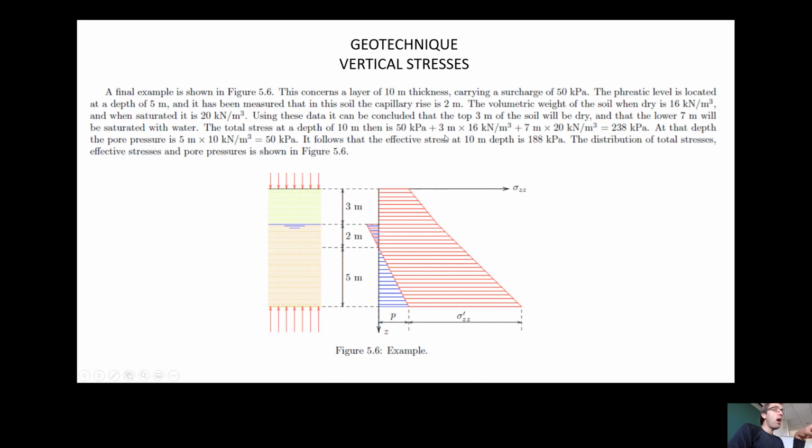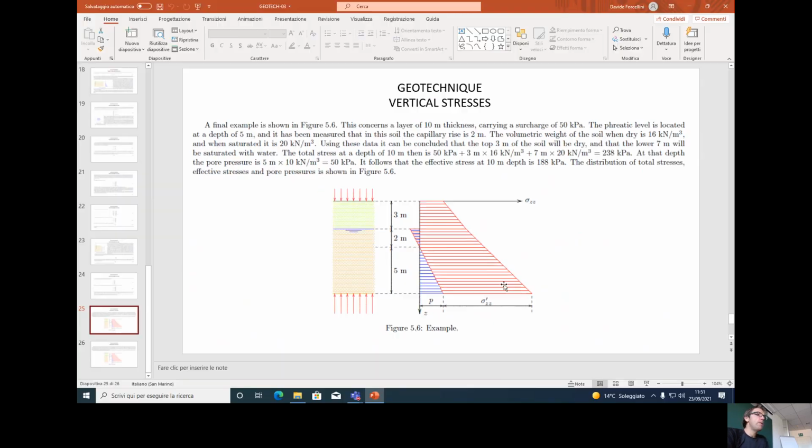So the first 3 meters we have to consider 16 and the second 20. And at the end, we use the Terzaghi principle, and we can see that when there is a problem of fluctuation inside the water, the effective stress increases, and it means that we have to consider more damage inside the structures. So again, look again at this example.